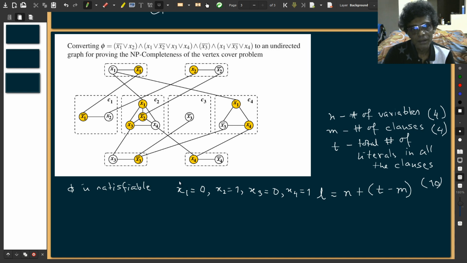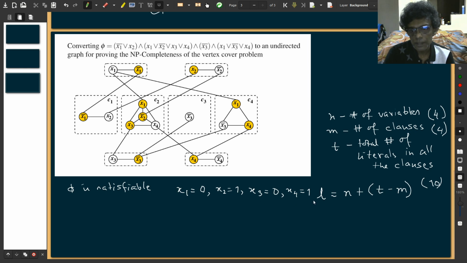So this is how, given a vertex cover, I choose a truth assignment of the variables.